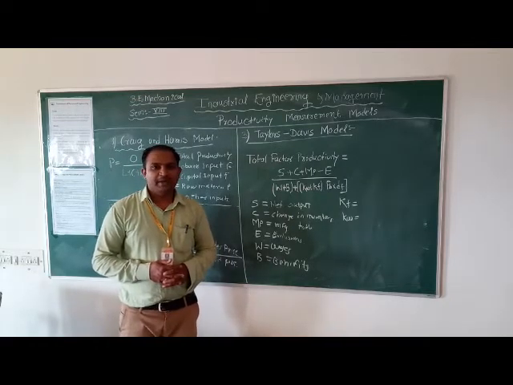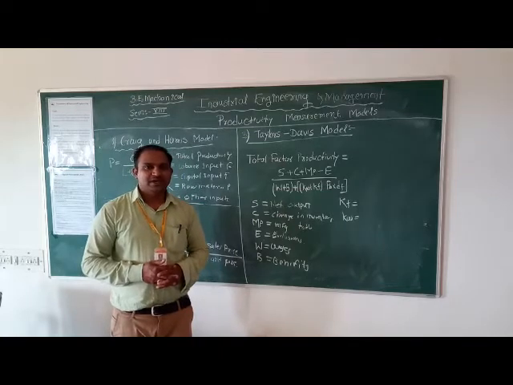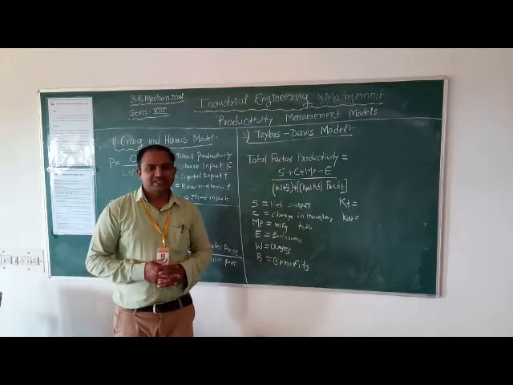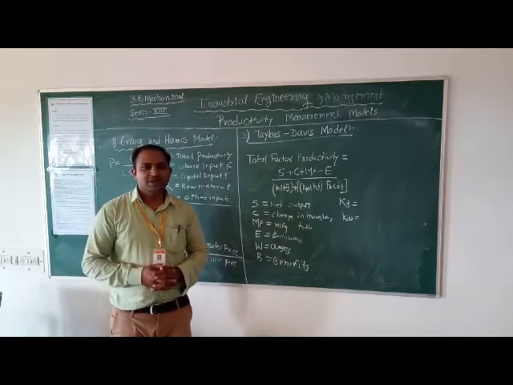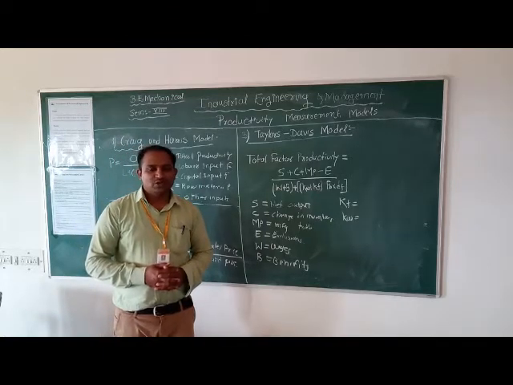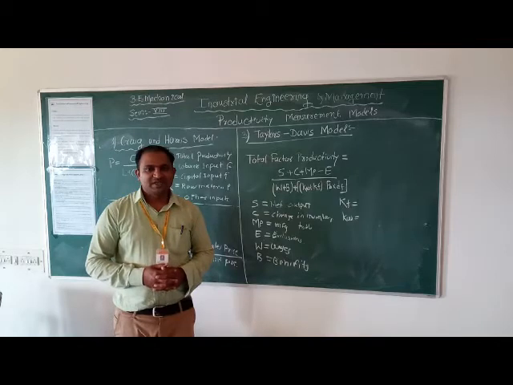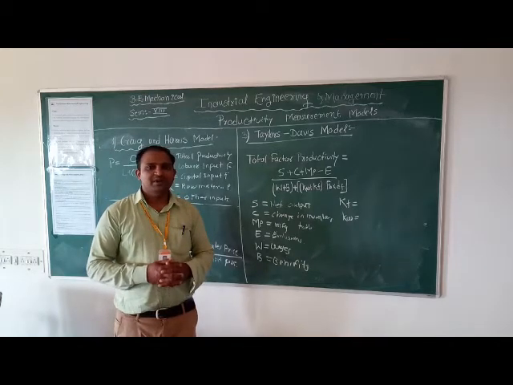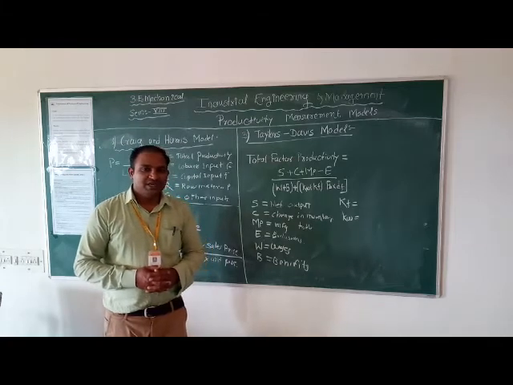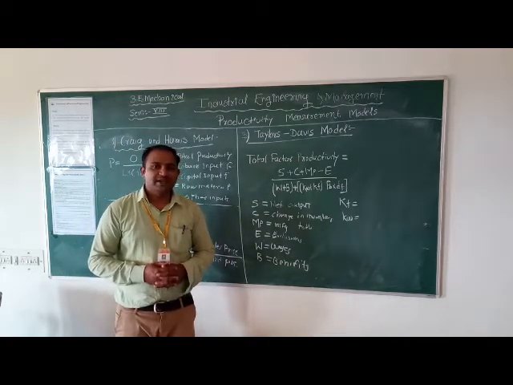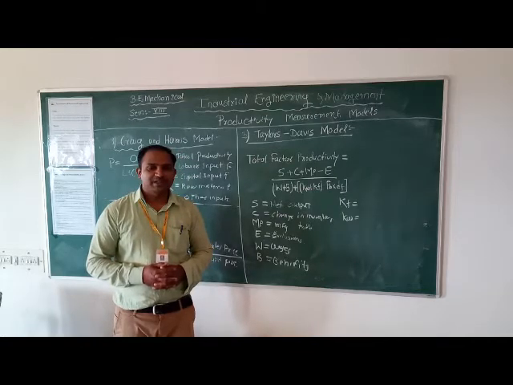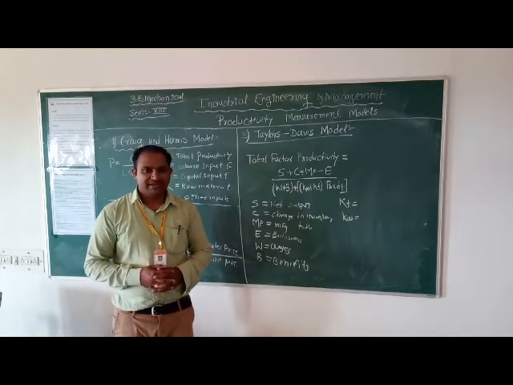But in total factor productivity, instead of total output, we consider the net output. The net output is the total output minus the inputs other than capital and labor. And in total factor productivity, the inputs are considered to be material, capital and labor inputs.